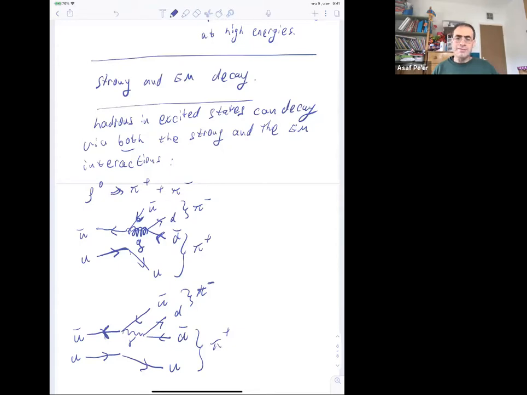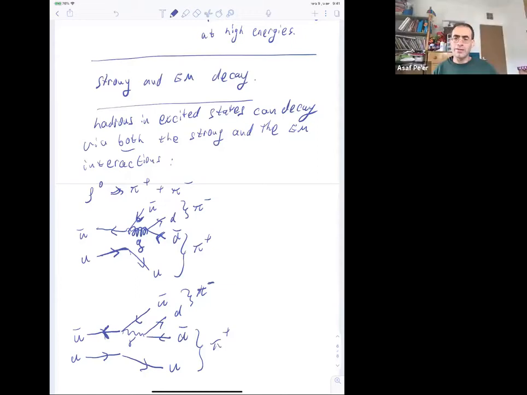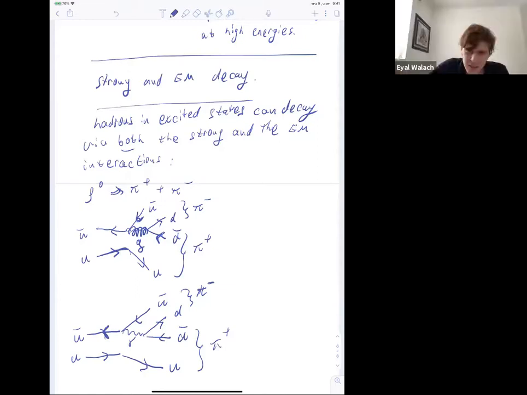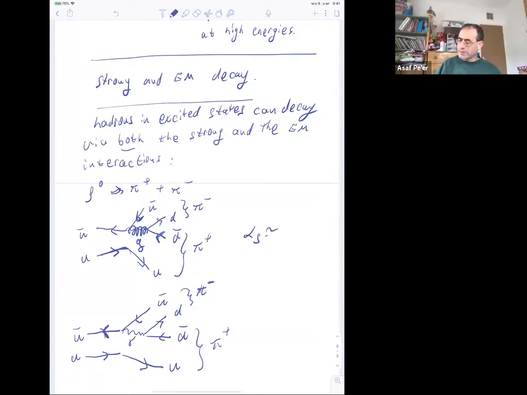Which one dominates? The strong force one, of course, right? Why? Because it's stronger. Exactly, right? Since the coupling constant alpha strong is about 100 times larger than alpha QED, then of course the upper one, the strong one, would be much more dominant.